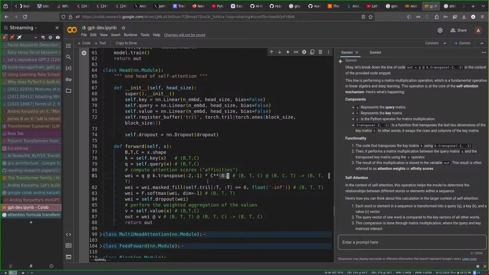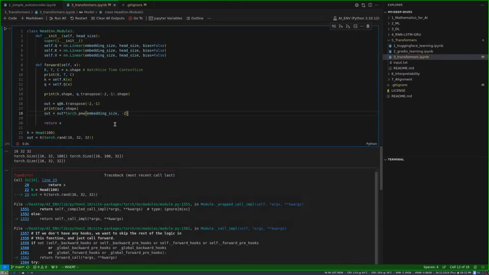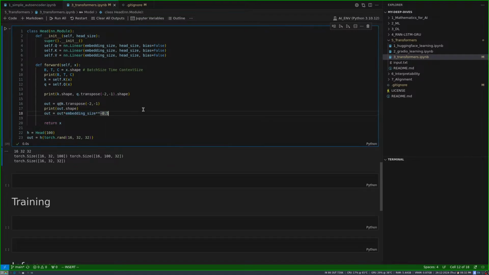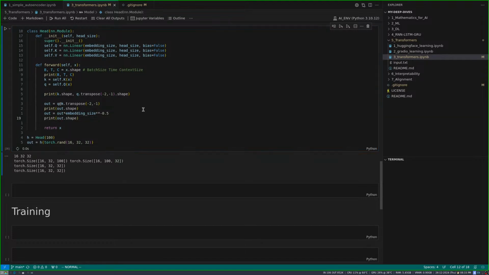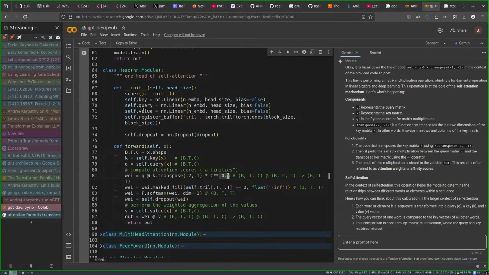Yeah, sure. Into C raised, okay. Into embedding size raised to the root, right, minus 0.5. Literally the same thing. Cool. Now we calculate the weight.